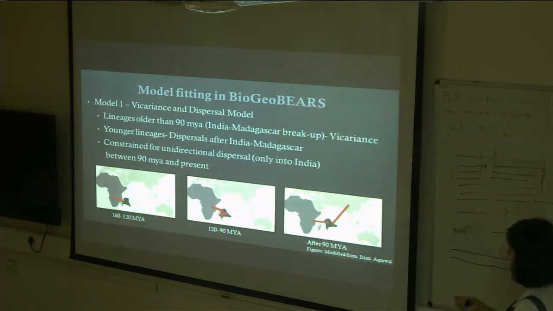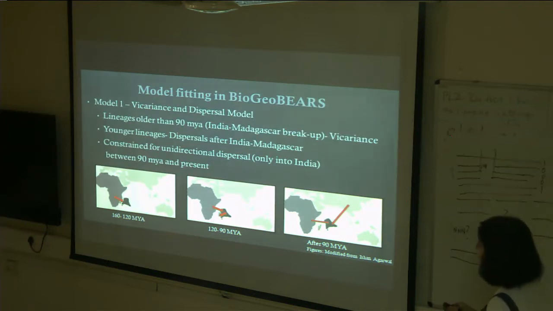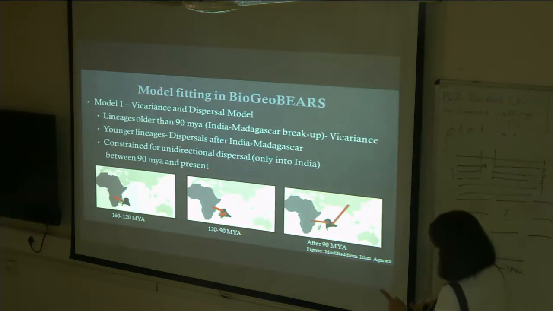But after 90 million years, I allowed for dispersal only into India and not out of, to account for my theory that younger lineages that are found in India have all dispersed into India. I know it sounds a little complicated right now, but when you finally get around to looking at the matrices for BioGeoBEARS, it'll make a little more sense. So that was my first model.